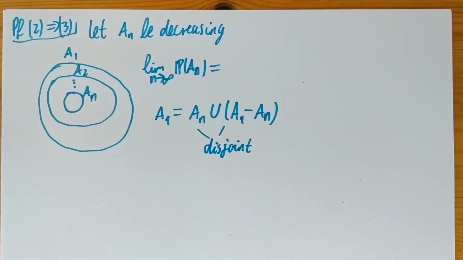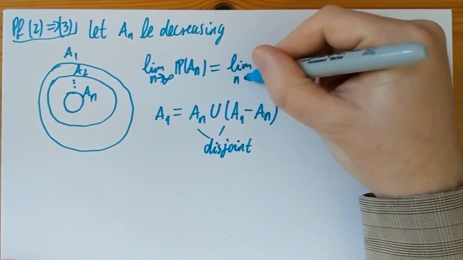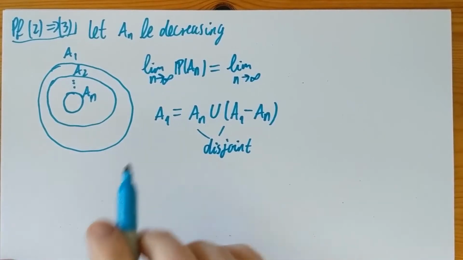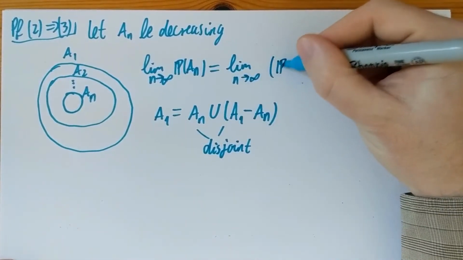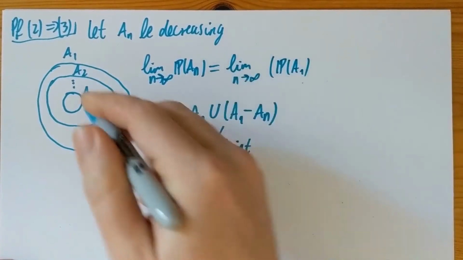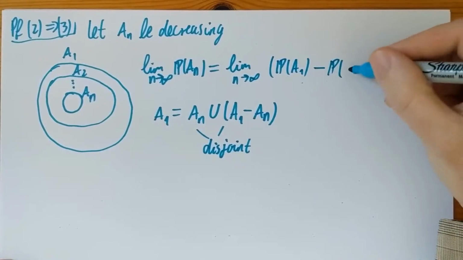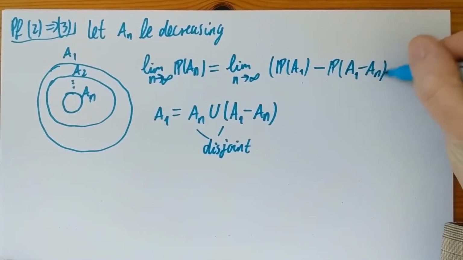And that means that the probability of an, again, this is the same trick as before, can be written as the difference between the probability of a1 and the probability of that increment. So I'm going to write p of an as the probability of a1 minus the probability of going from a1 to an, or an to a1.